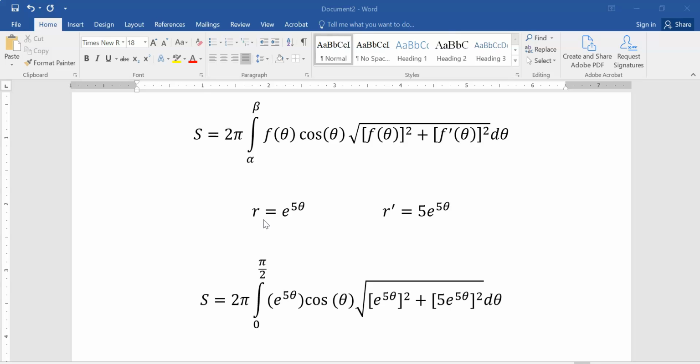So start with r. r equals e to the 5 theta. The derivative of that is 5 times e to the 5 theta. You just bring that 5 out front. So for f theta, put in e to the 5 theta there. For f prime theta, put in 5 times e to the 5 theta there.